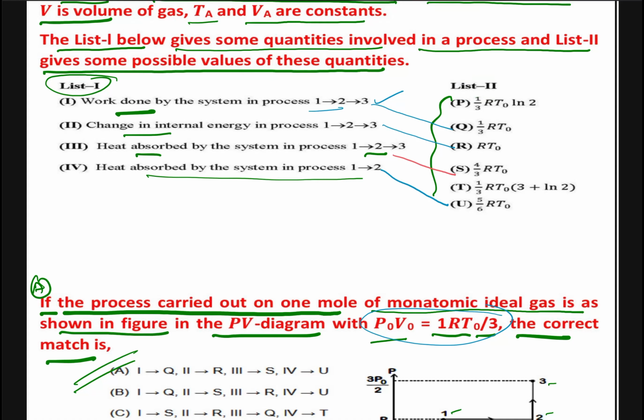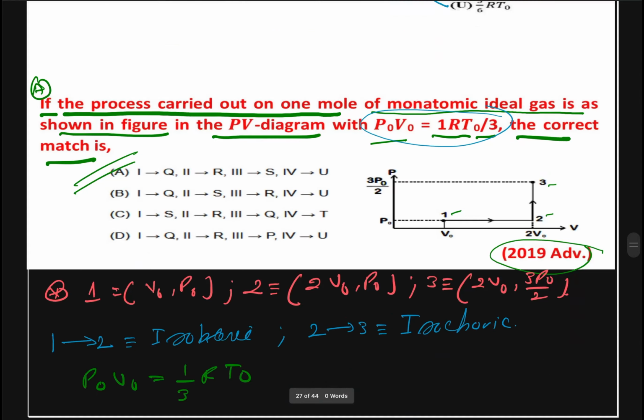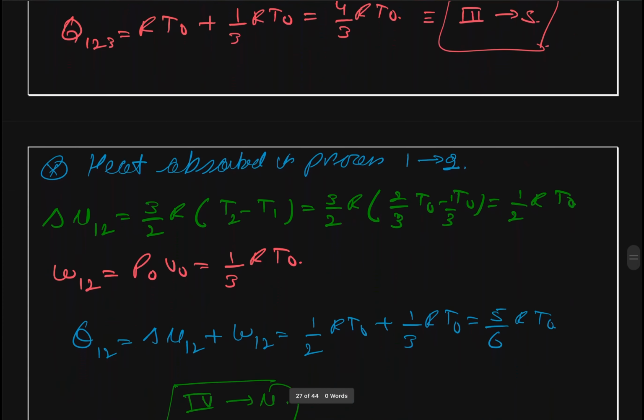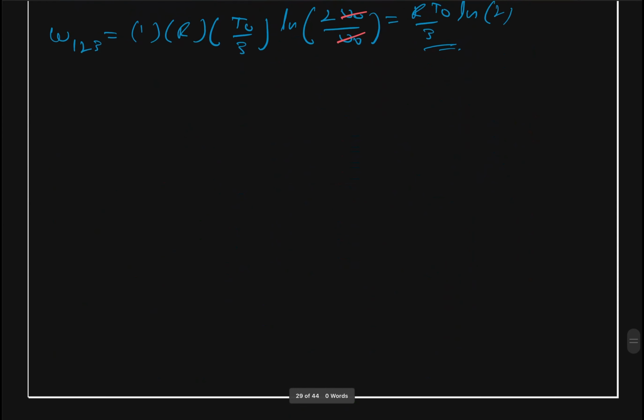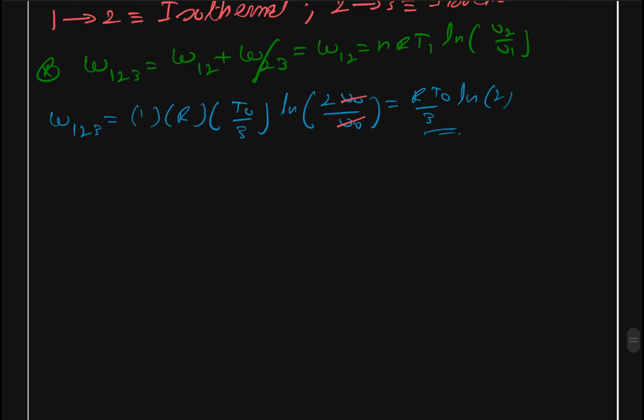This is 1 by 3. So therefore second case we can say that 1 matches with our P. So this matches with our 1. So we can say 1 goes to P. Okay. So we can say our 1 goes to P.